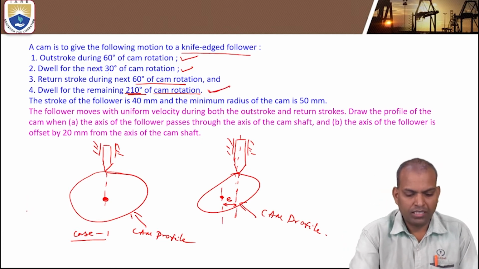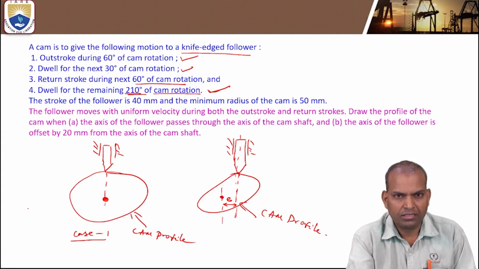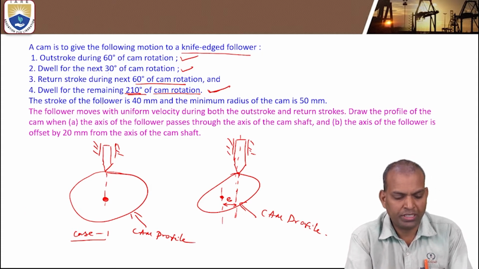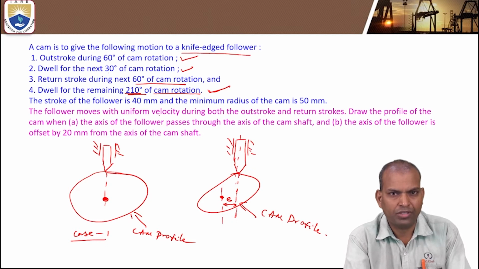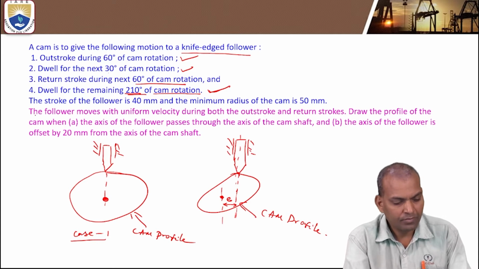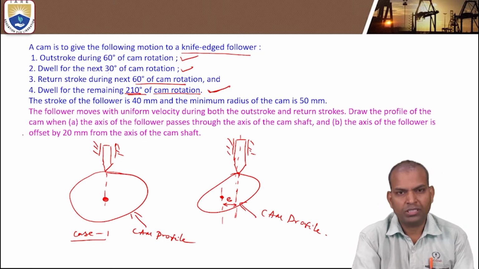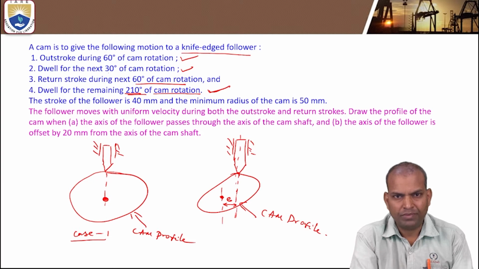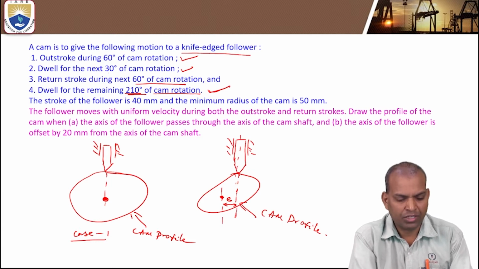That portion of 210 degrees shows the minimum base radius of the cam. During that portion the cam doesn't move. It remains in the same position for the angle of rotation of 210 degrees.